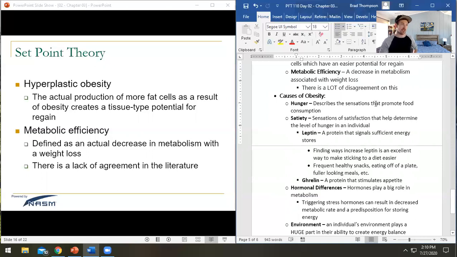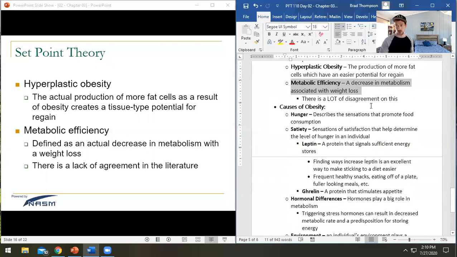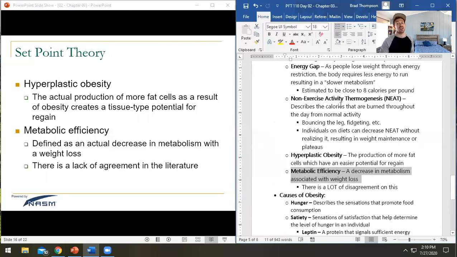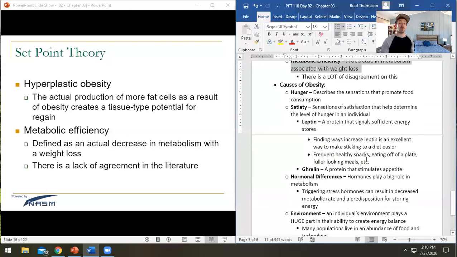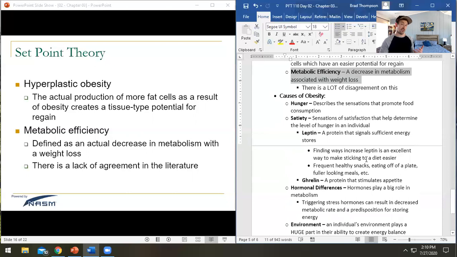Now, me personally, I'm not 100% sold on the concept of slowing your metabolism down. But I do believe that you can get slowed down through things like decreased NEAT and energy gap and stuff like that. And if you don't change your habits, you only change your body composition, it's going to result in eventually regaining that weight, because nothing gets the way it is unless it's designed to get that way.